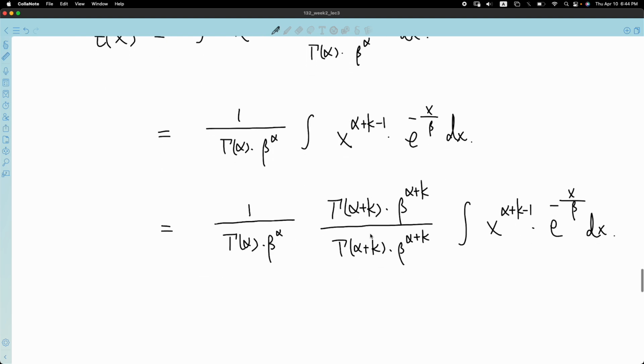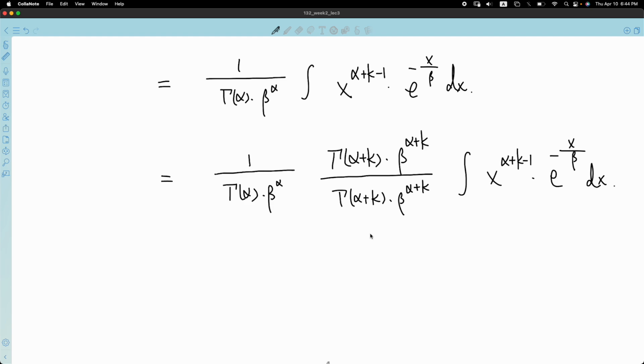What I'm doing in the third line is multiplying by 1, and I'm expressing this 1, which I cover in the square bracket, in a fraction form. The same thing divided by the same thing is equal to 1, so I did not manipulate the term. I'm just multiplying by 1, but I'm designing this 1 in a fraction form, so the equal sign still holds. Any question or comments for the third line?